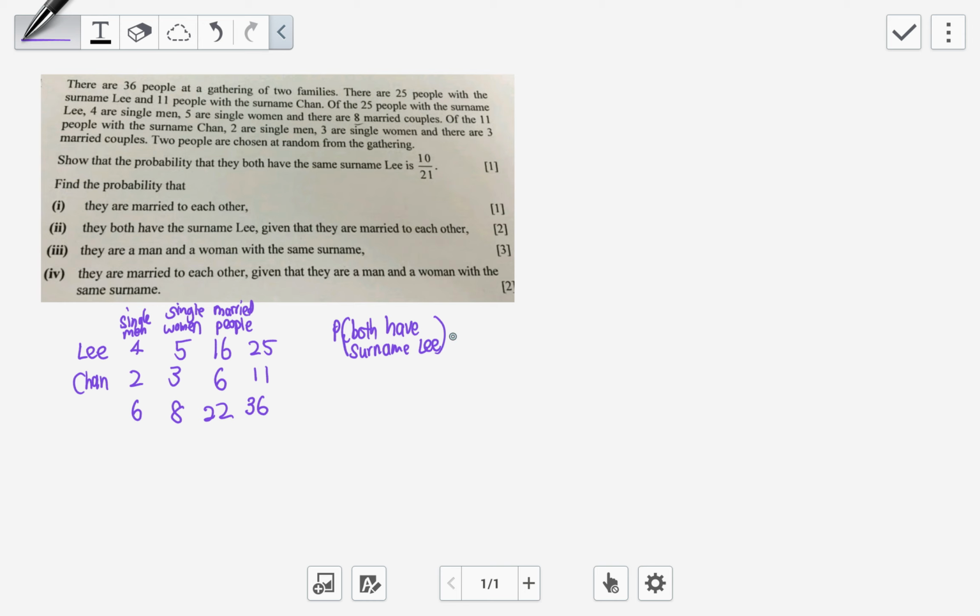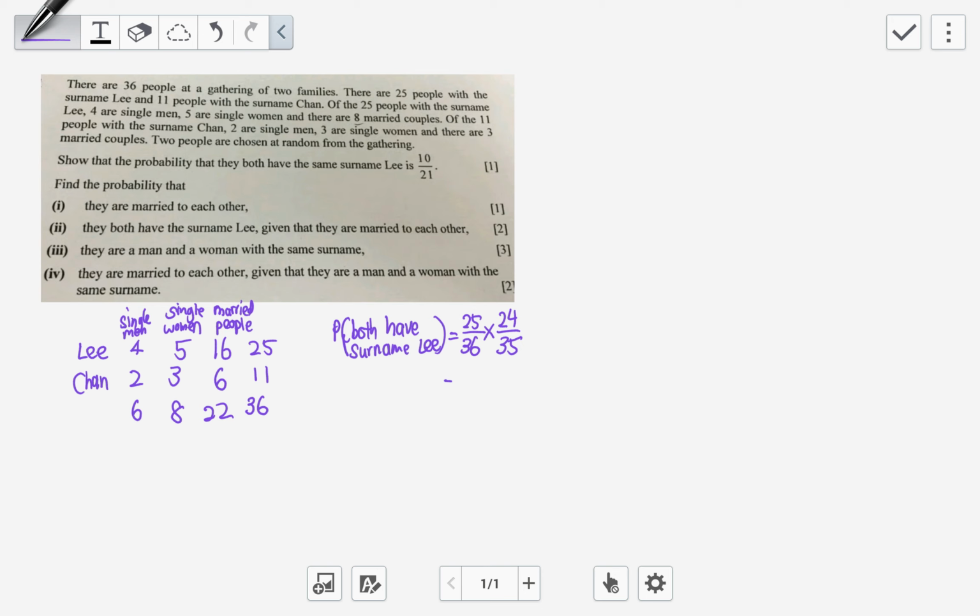That equals the first person having surname Lee, the chance of which is 25 out of 36, multiplied by the second person also being of surname Lee, which is 24 out of 35 chance, because one Lee is already chosen.